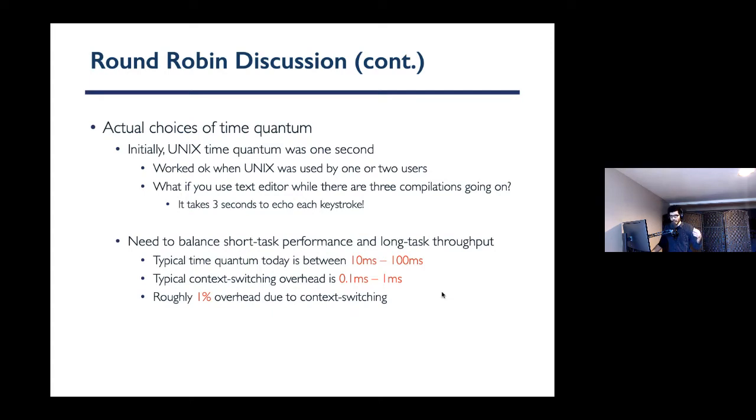You could make some tasks have higher weight than others, so we'll see a version of that. There are many extensions to this, but the idea of time quantum has been used in many different scheduling algorithms, and we'll see some instances of that in the coming slides.